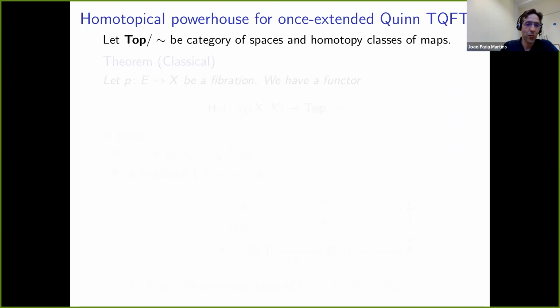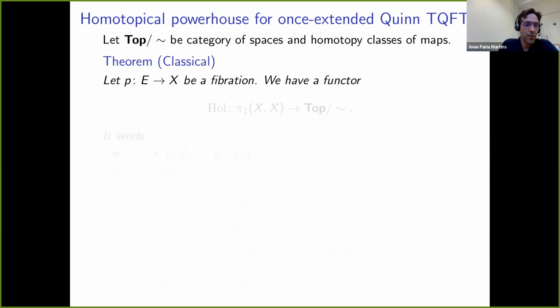Here I need to look at another type of result. So let Ho(Top) be the category of spaces and homotopy classes of maps. There's this classical result which says that if you have a Hurewicz fibration, then immediately we have a functor from the fundamental groupoid of the base into the category of topological spaces and homotopy classes of maps.